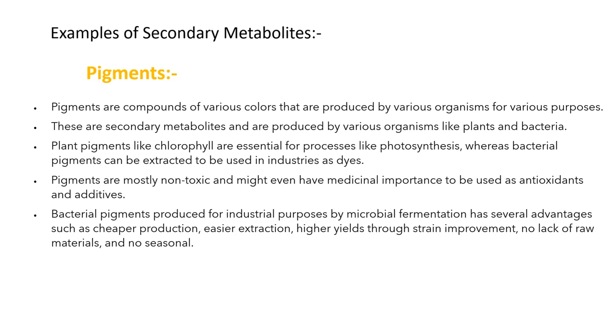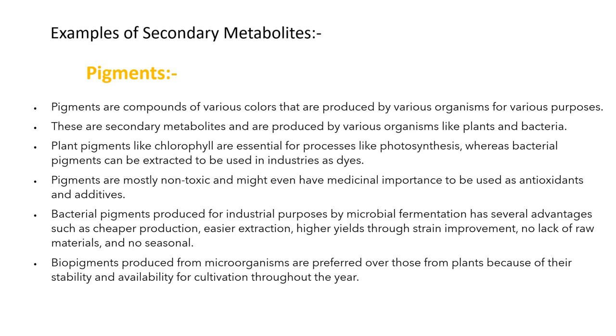As we are working with bacteria, we can easily produce them in high quantity and extract the secondary metabolites from them. So there is no lack of raw material and no seasonal dependence. If we are extracting from plants, it depends on the season, but if we are extracting from microorganisms, there is no problem of season.